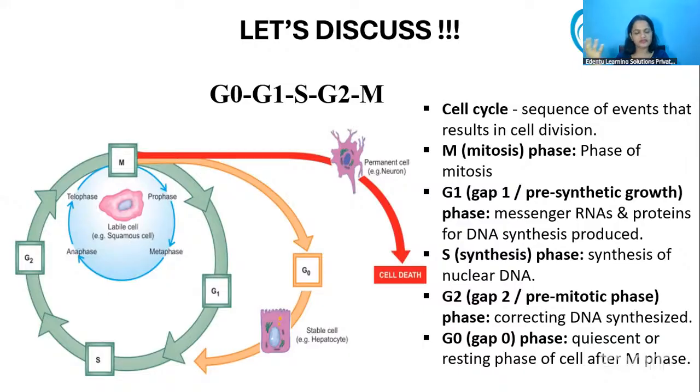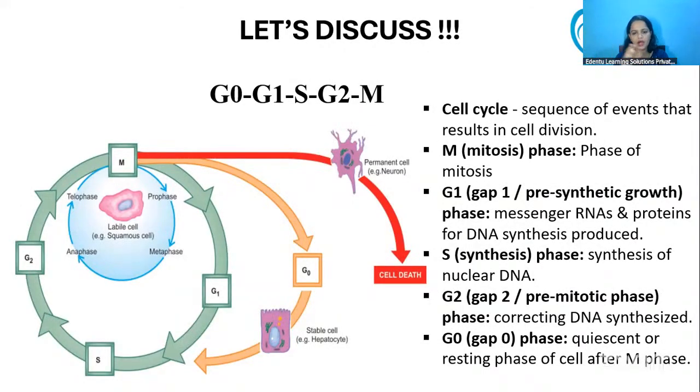If it is not proper, they correct it at this phase. Some corrections are happening at this G2 phase. After the necessary corrections are made, only then will it go to the M phase, or the mitosis phase, where the actual cell division happens.